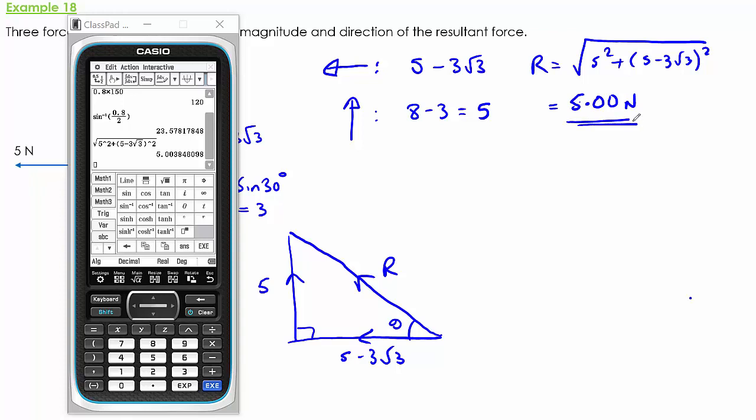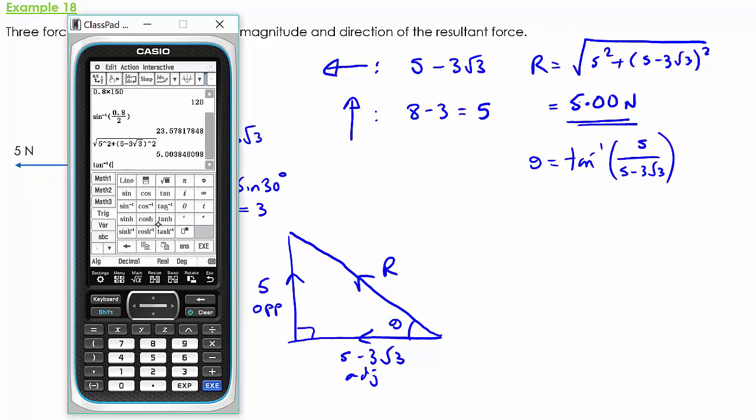And then we need the angle theta, and this is the opposite, this is the adjacent. So theta is going to be the inverse tangent of 5 over 5 take away 3 root 3. I think this is going to be quite close to 90, judging by this.